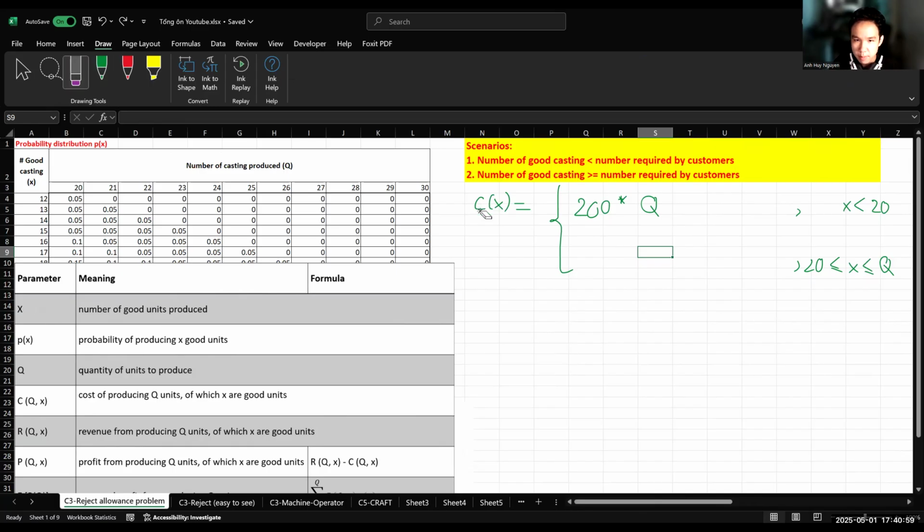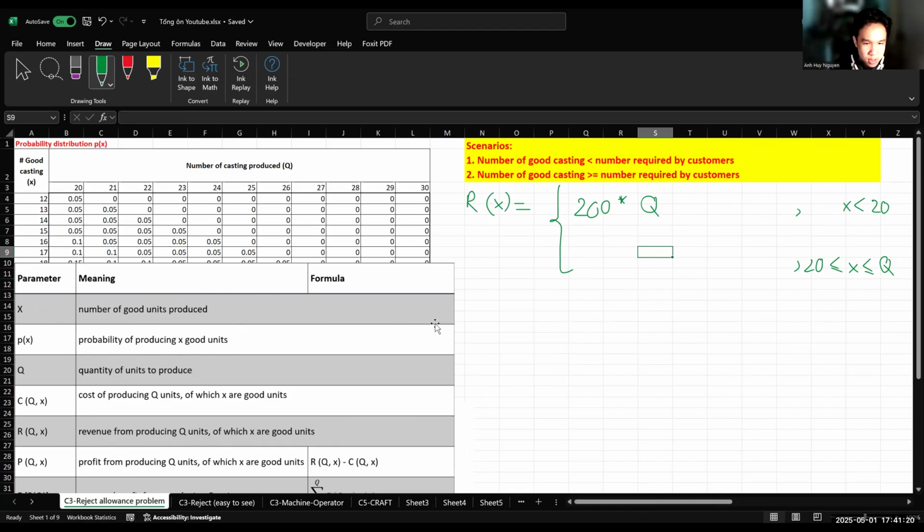Oh, no, no, no. My bad. This is not cost. This is revenue. Okay, my bad. So if you manage to produce more than or equal to 20 good castings, they will buy exactly 20 good castings, no more. And the rest, you have to recycle them, okay?